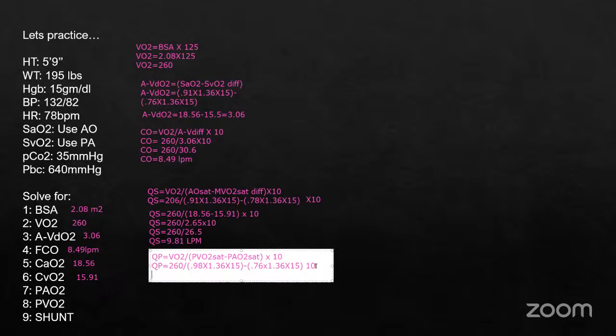Okay, so I'm going to go ahead and substitute the values. QP equals 260 over, 0.98 times 1.36 times 15, that is 19.99. Minus 0.78 times 1.36 times 15, that one is 15.91.